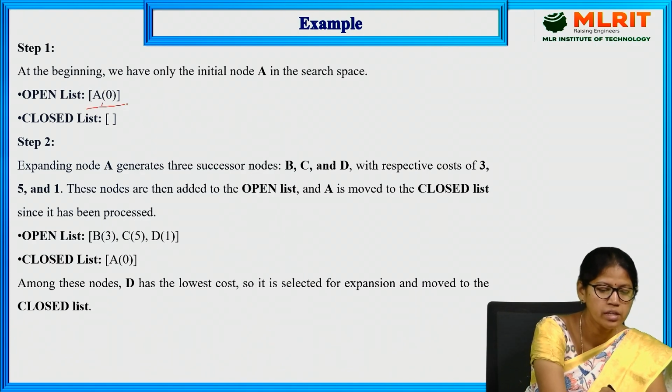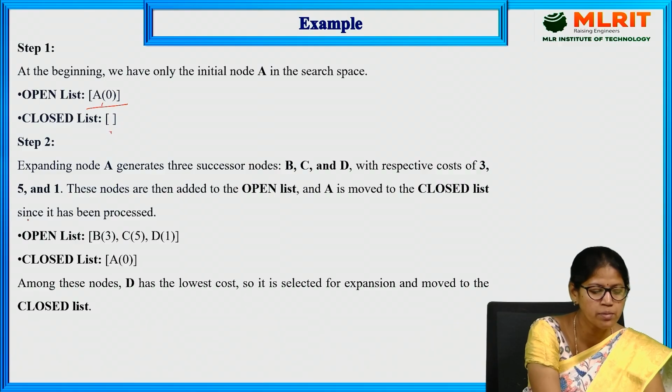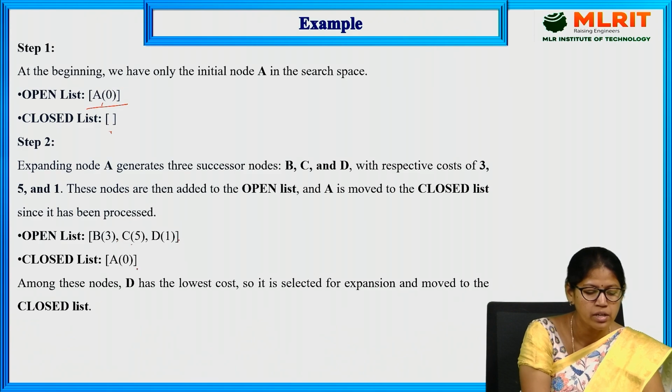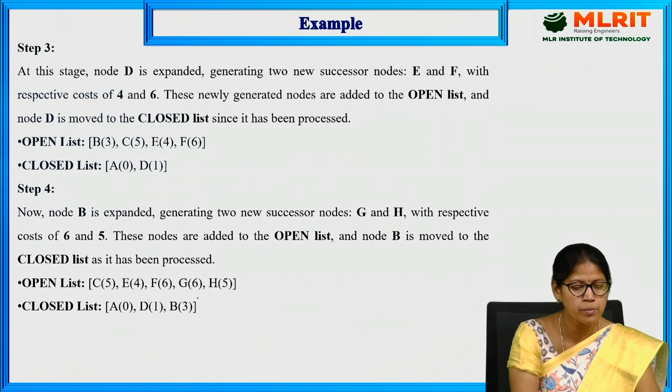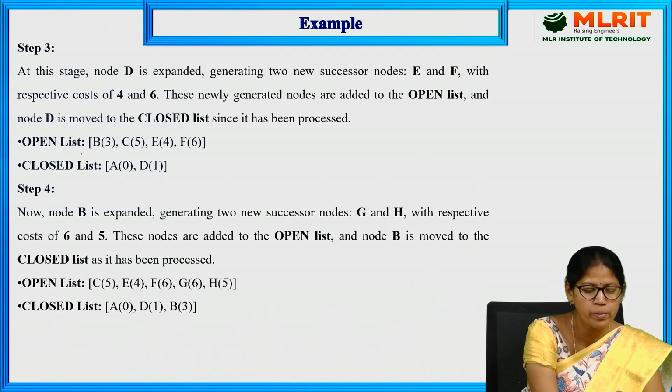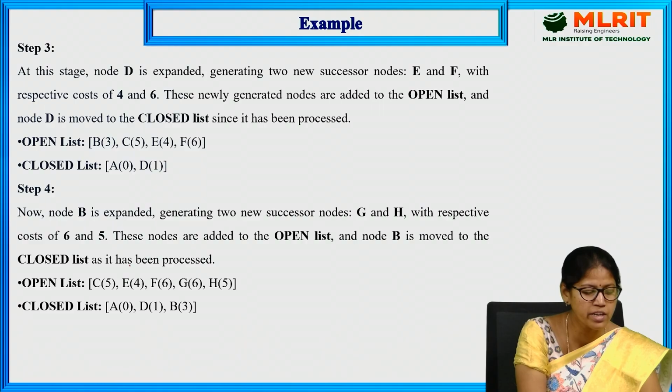Look at here. A is 0. The closed list is empty. Next, in step 2, A is explored: B3, C5, D1. Next, D will be explored. In the open list, it contains B, C, E, F. A, D are in the closed list because they are already explored.